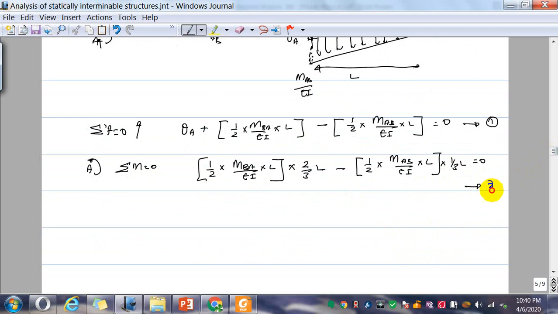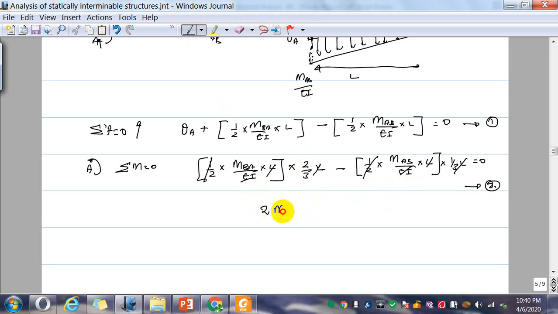So now this is the second equation. Here you cancel L, you cancel the other L, and half cancels off. Then PI also cancels, so you get 2MBA.